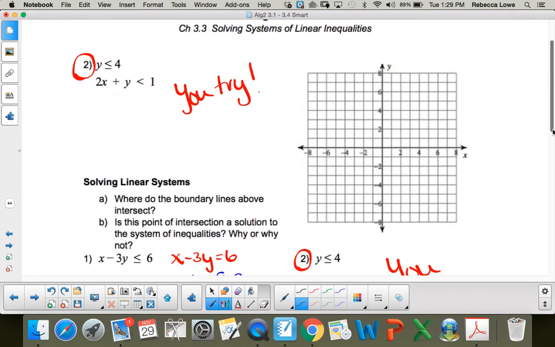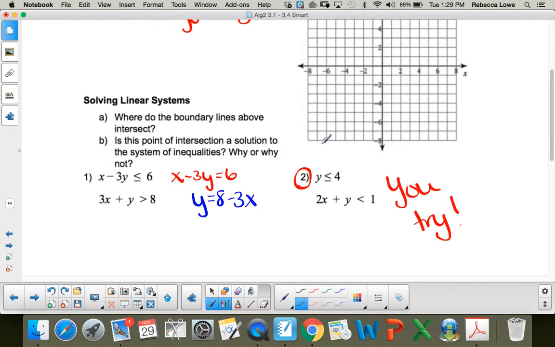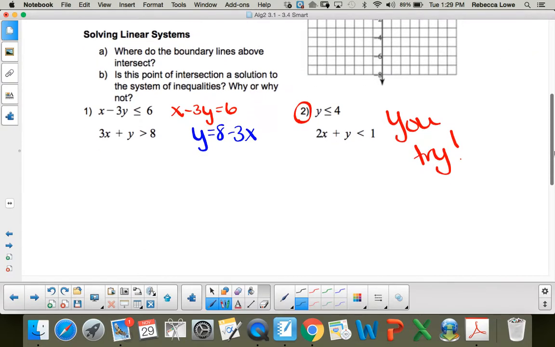Where do the boundary lines intersect? And is this point of intersection a solution? So I've rewritten the red one. I've just written the equation because the boundary line is simply the line. And then I rewrote the equation for the second one, but I brought the 3x over. So these are equivalent without the inequalities, just the equal signs, because I'm figuring out where the 2 lines intersect.